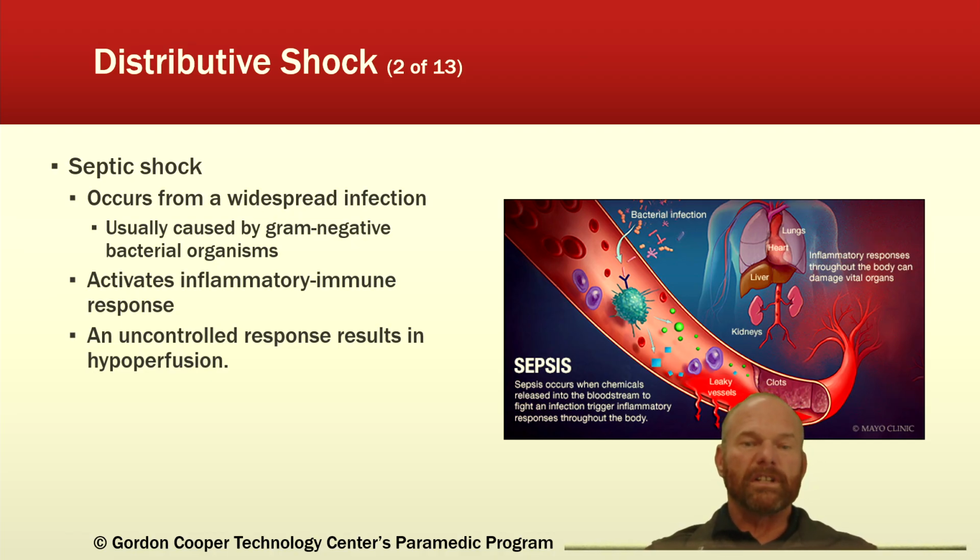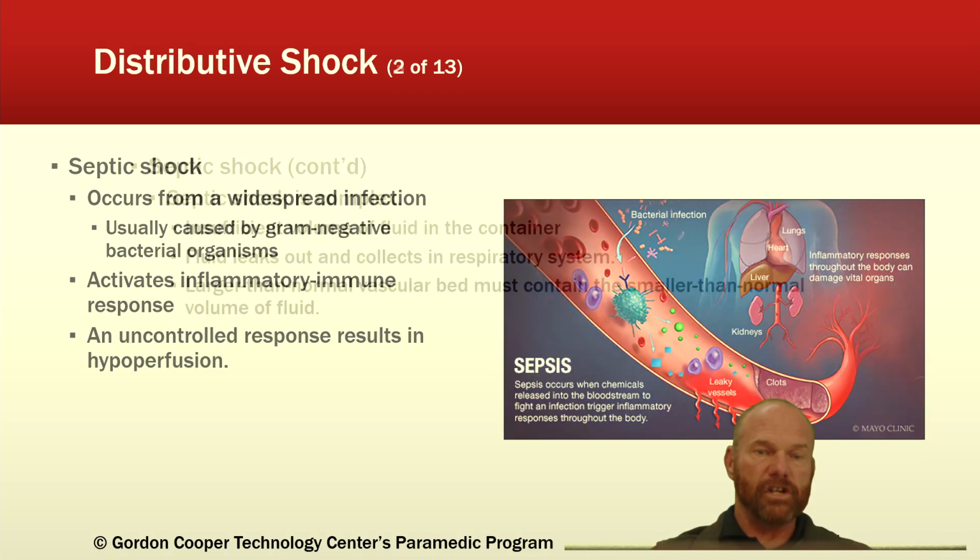So inflammatory response, so that infection activates an inflammatory immune response, and that results in increased microvascular permeability, vasodilation. Then we start to see that third space fluid shift, and then some microthrombi formation. So there are consequences. An uncontrolled and unregulated response leads to hypoperfusion to the cells.